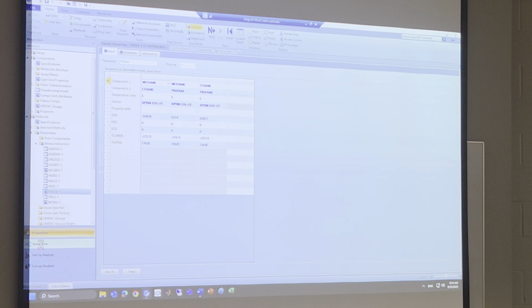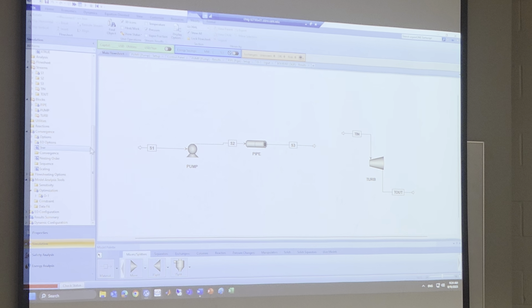Now if you come back to the simulation window and go to flow sheet, we have global, section 1, and section 2. We are not using global, so right click and delete globally. We use section 1 and section 2. We can design and simulate two different designs in one main flow sheet.